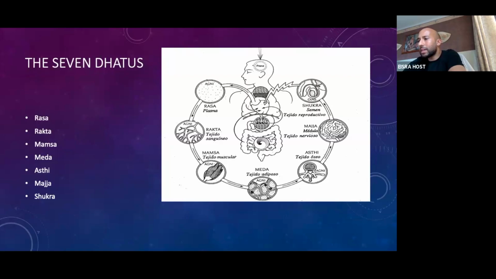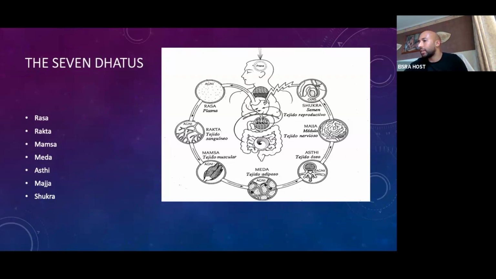If your blood plasma and fluids of the body are proper, only then can the red blood cells be formed properly. Only if the red blood cells are formed properly can muscle tissue be formed properly as well. After mamsa dhatu, we have meda dhatu. Meda means fat tissue, adipose tissue.